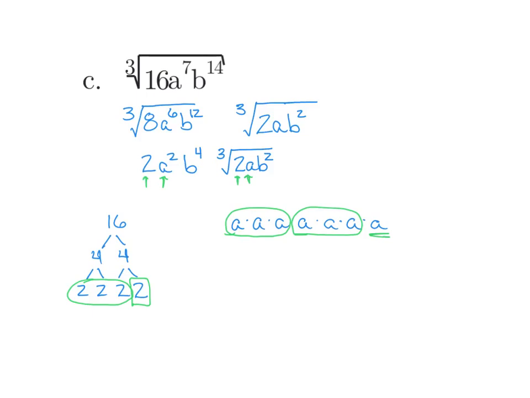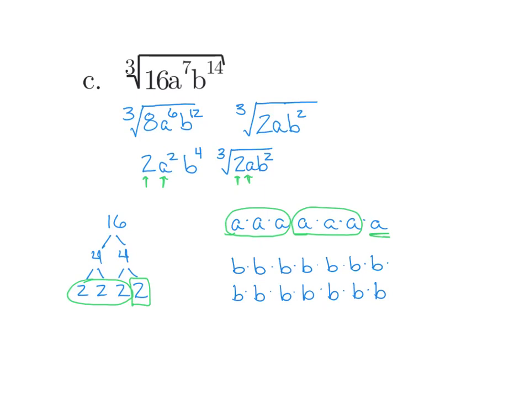Okay, let's look at b to the 14th. If we have b to the 14th, we have 14 b's. 1, 2, 3, 5, 6, 7, 8, 9, 10, 11, 12, 13, 14.